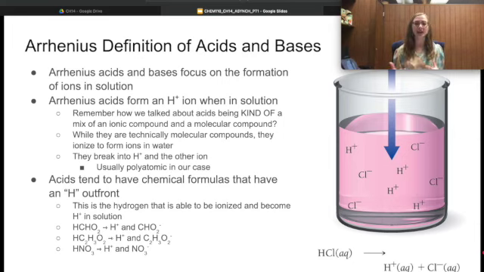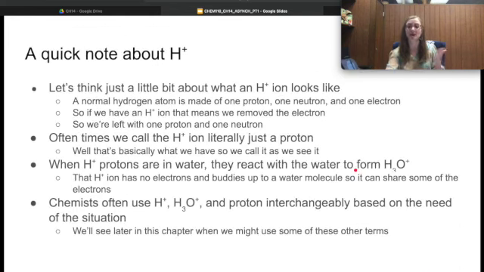If something ionizes, it forms ions. We might also call this dissociation. So they're going to break into H+ and the other ion 9 times out of 10. We'll talk about polyatomic ions being what's broken off. But that's the idea here. If we can find a way that it dissociates into that H+ ion and something else, a negative ion, it's likely going to be an acid.